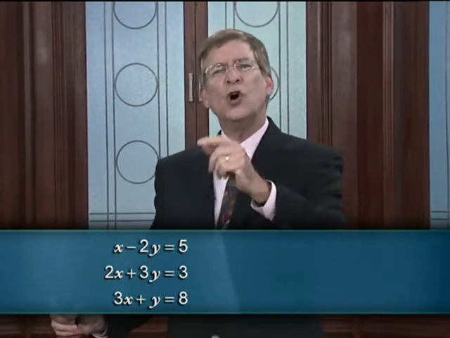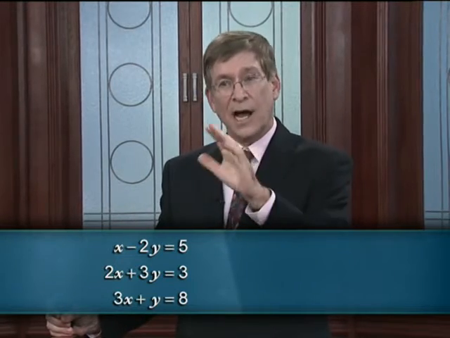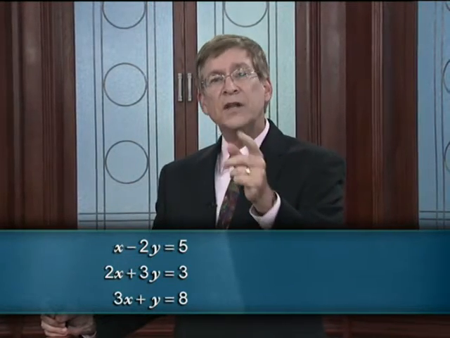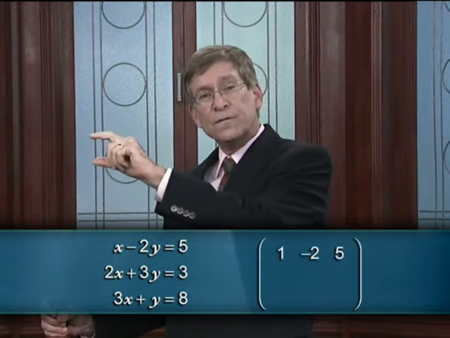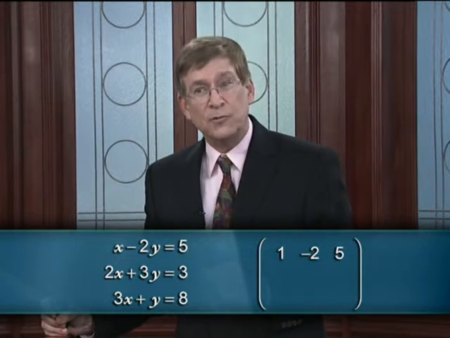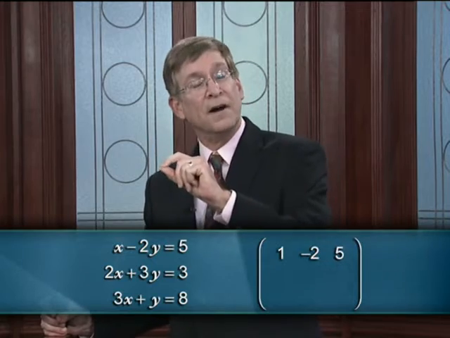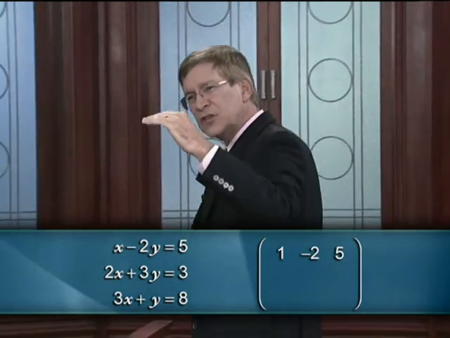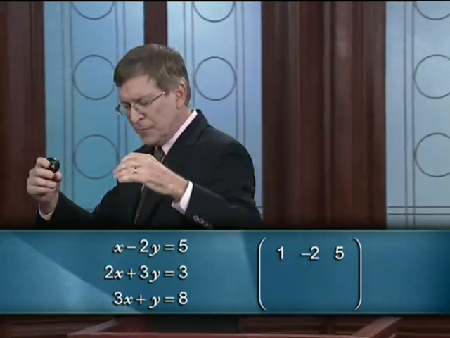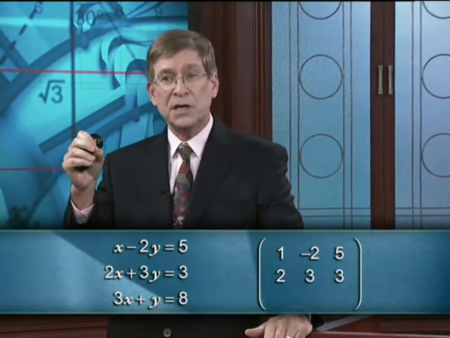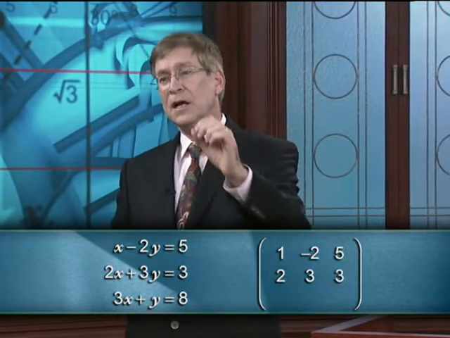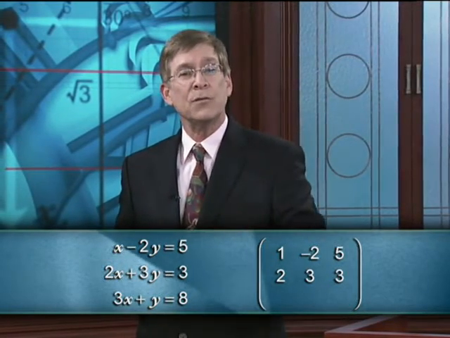Okay, the coefficients of the left-hand side, where the variables are 1 and minus 2, and the right-hand side is 5. Those form the first row of our matrix, 1, minus 2, 5. Then we have a second row of the matrix, which comes from the second equation. The coefficients are 2, 3, and the right-hand side is 3, so the row is 2, 3, 3.